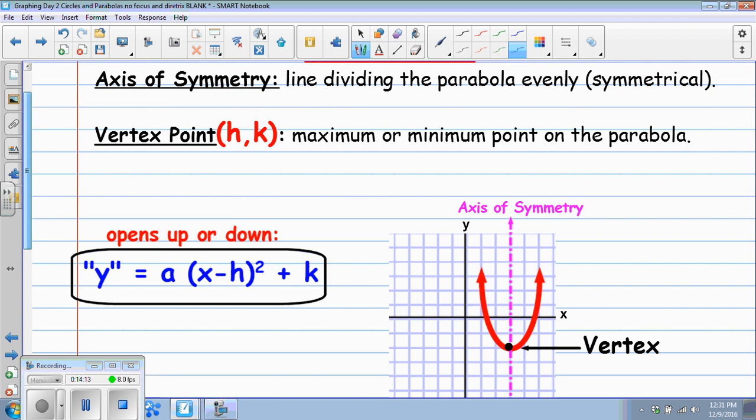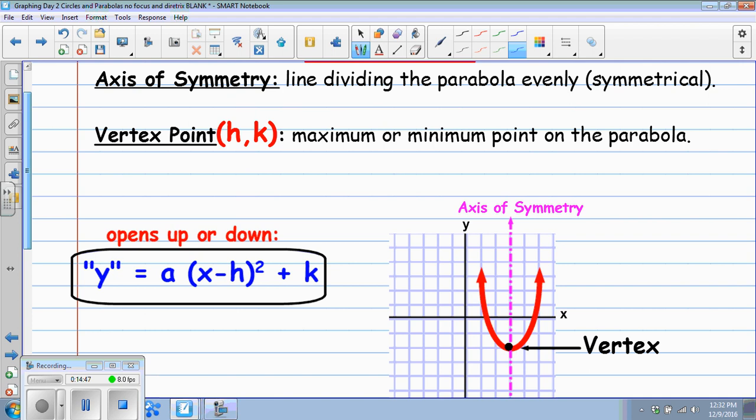What do you think determines whether it opens up or down in this formula? A. A is going to determine whether it opens up or down. If it's negative, it's down. Why? Because it's a reflection.